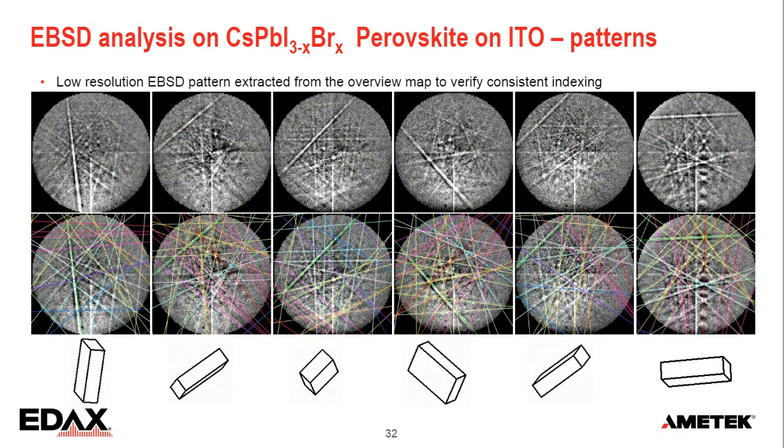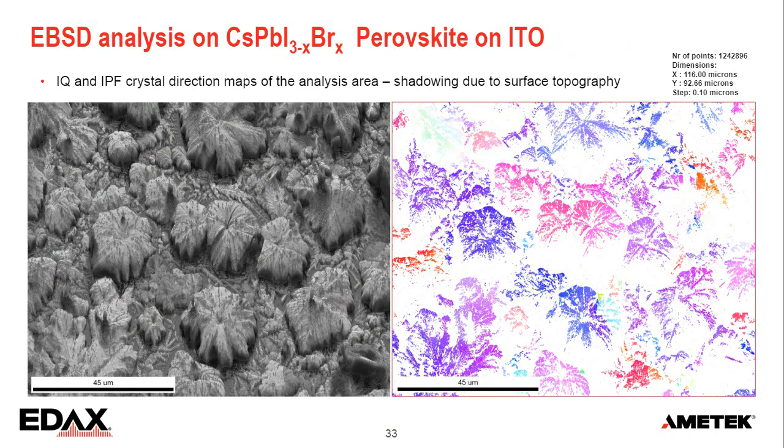And in this case, I just had a single phase material, so I could index all the patterns with the same structure file. And this is what the IPF map looks like, the color map on the right. The sample is highly topographic, so a lot of the deeper lying structures don't have a free line of sight to the detector, so we're not going to get anything there.